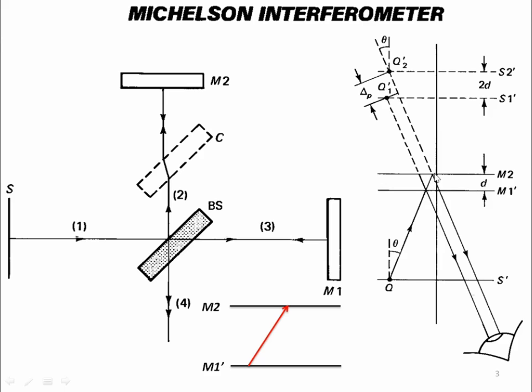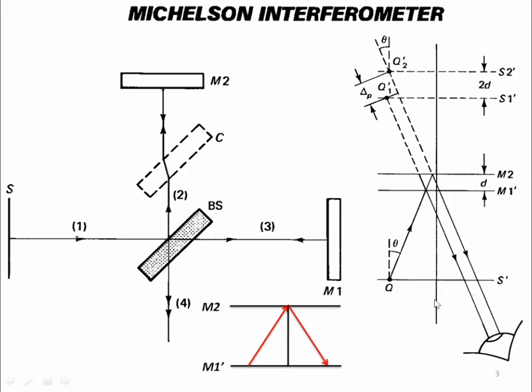So if d is the distance between the mirrors, then this will be the ray which will have to travel extra path all the way up to M2, and then it will also get reflected from M2. So this is another portion of that additional path which this second beam has to travel. Now we have to evaluate this total path. For that, let us draw a perpendicular here.